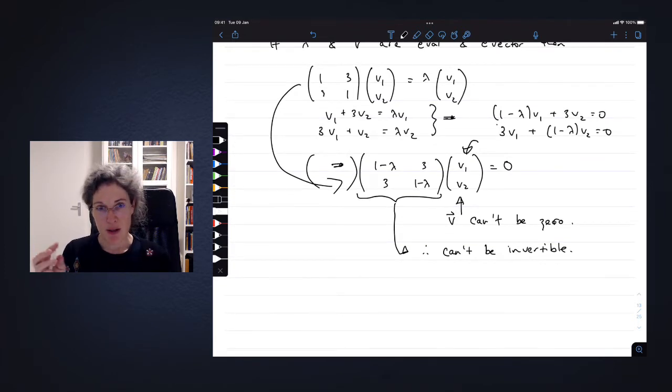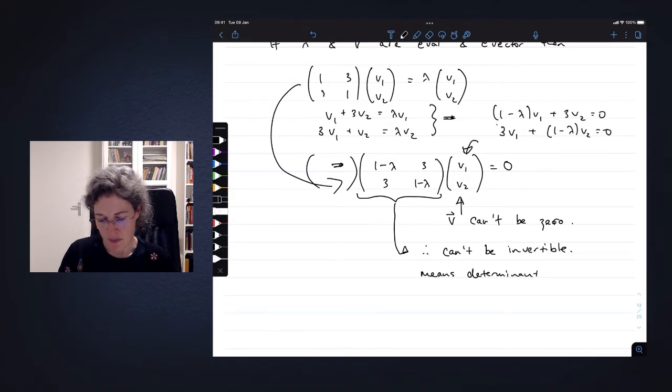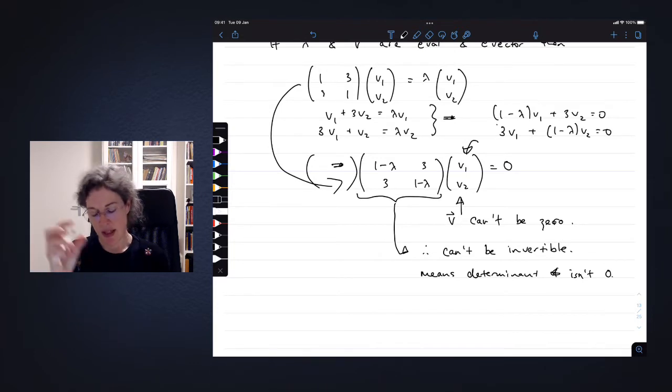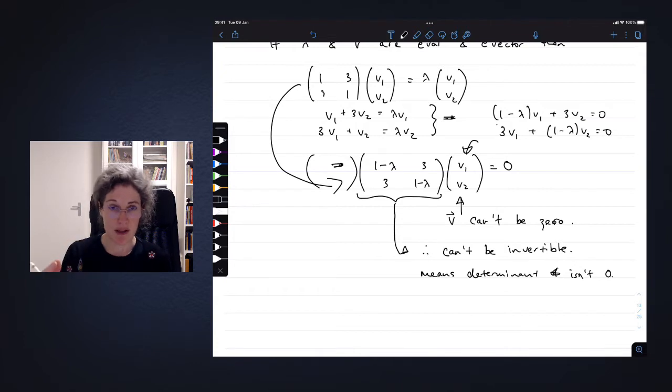Hopefully you've talked a little bit about matrices and determinants. If you haven't, please go and read a little bit about this. But saying that a matrix can't be invertible means that the determinant of this matrix is 0. Because if the determinant of a matrix is not 0, then it's invertible.